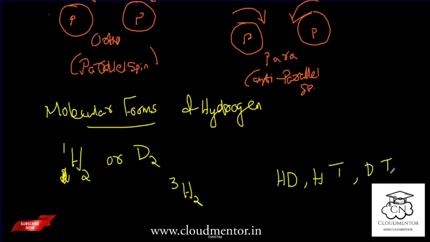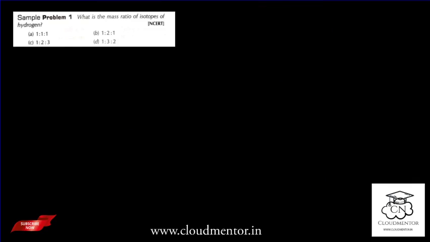And I think we now need to look at some problems. So the question is a very simple question: what is the mass ratio of isotopes of hydrogen?